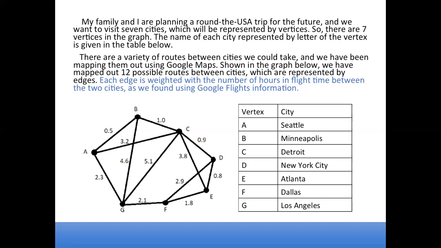So notice how we have added here that each edge is weighted with the number of hours in flight time between any two cities. So this is a well-developed example for the purposes of exploring graph theory.